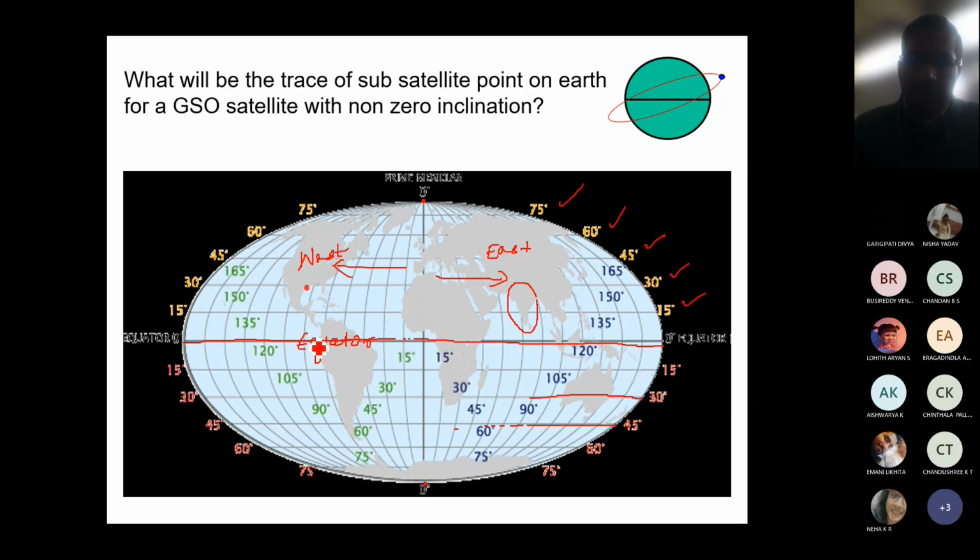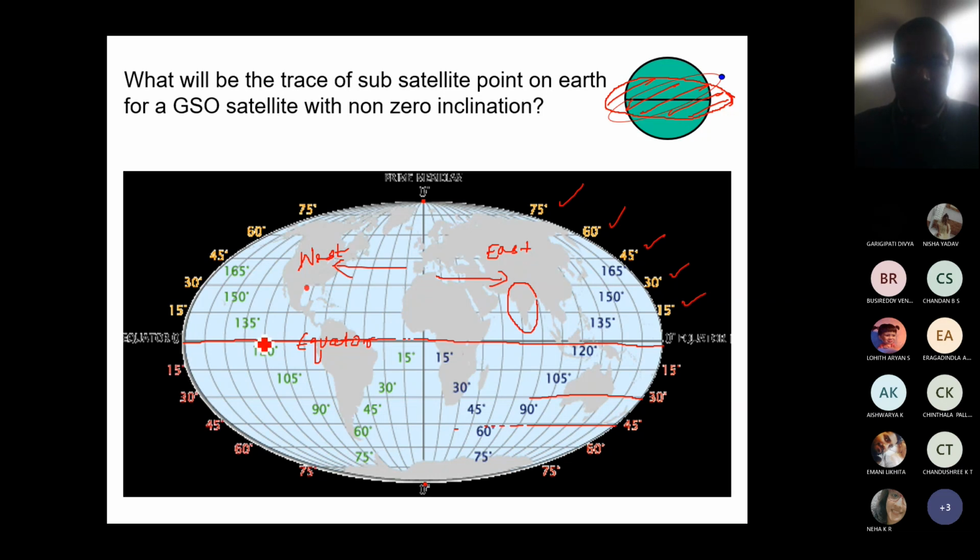Okay, so what is the equatorial plane? Equatorial plane means, suppose this blue circle is your Earth, and this particular orbit, where the plane of this orbit is the same as the plane of the equator, is called an equatorial orbit.